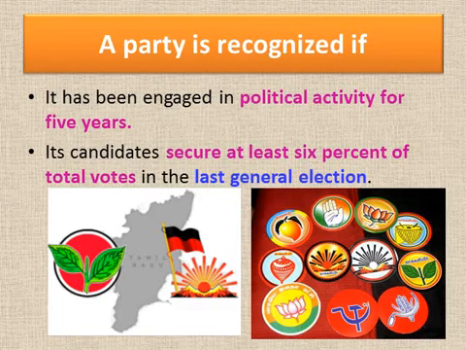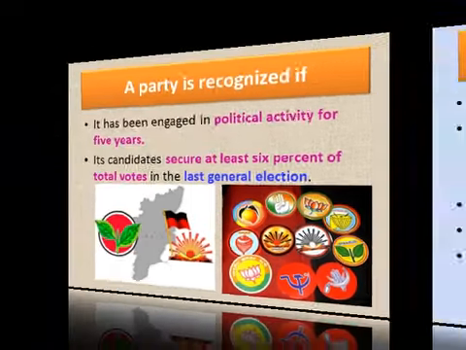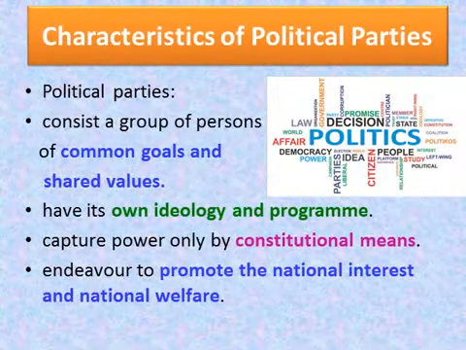There are other parties like All India Trinamool Congress, Bahujan Samaj Party, Bharatiya Janata Party, Communist Party of India, Communist Party of India Marxist, Desiya Murpokku Dravida Kazhagam, Indian National Congress, Nationalist Congress Party and so on. Totally there are 10 recognized parties in Tamil Nadu as per 2019 statutory order from the Tamil Nadu State Election Commission, Chennai. Children, now we will learn about the characteristics of a political party.